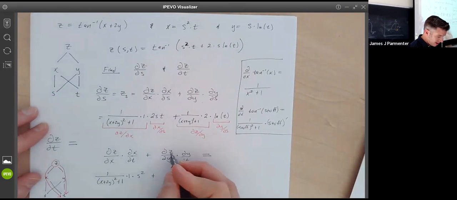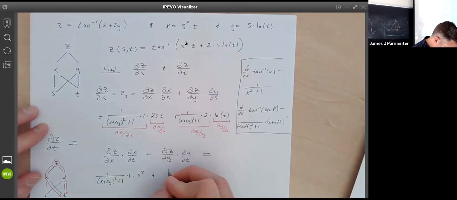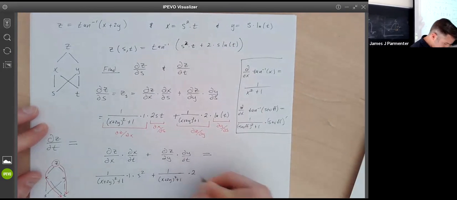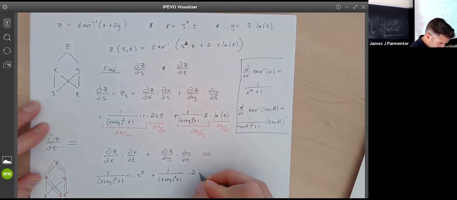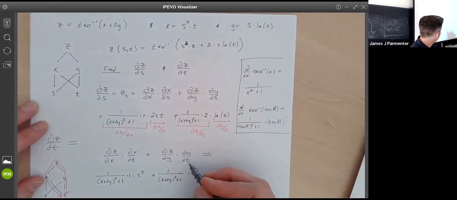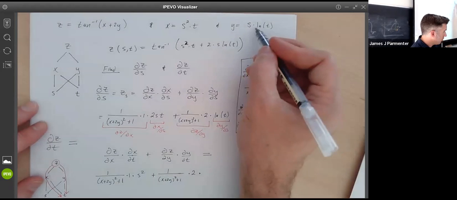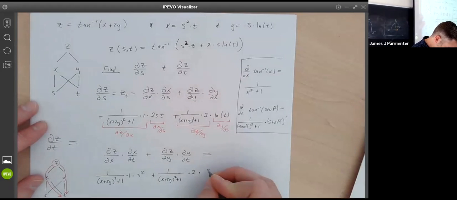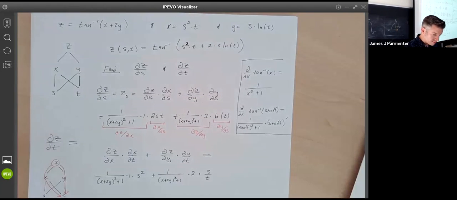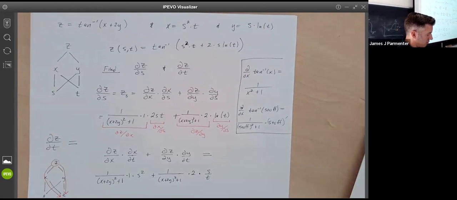And then del z del y is going to be the same as it was before: 1 over x plus 2y squared plus 1 times 2. And then the partial of y with respect to t is going to be s times 1 over t, or s over t if you like. And that's it. That's your partial derivative of z with respect to t.